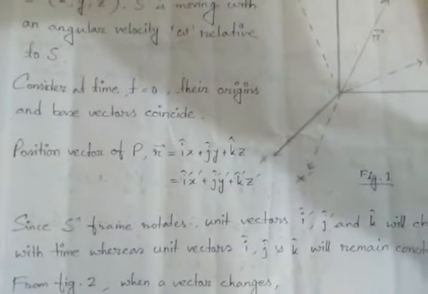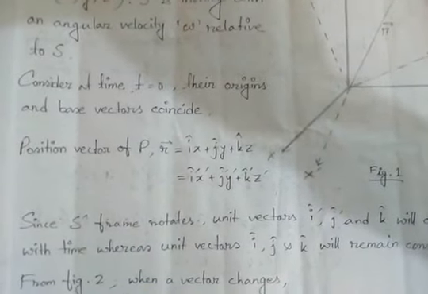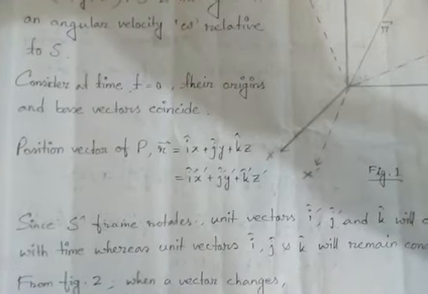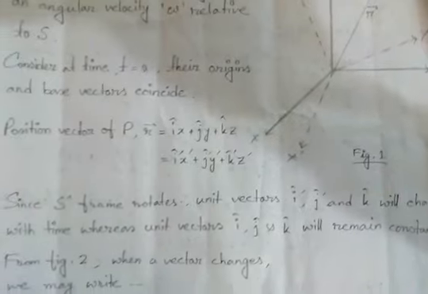Since the S dash frame rotates, unit vectors i dash, j dash and k dash will change with time, whereas unit vectors i, j and k will remain constant.